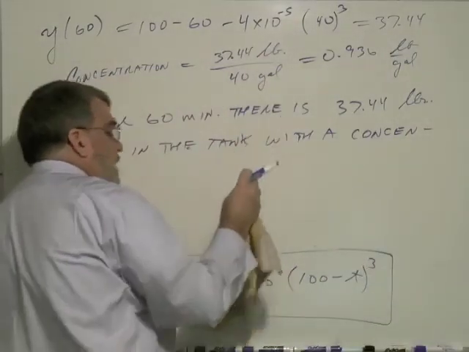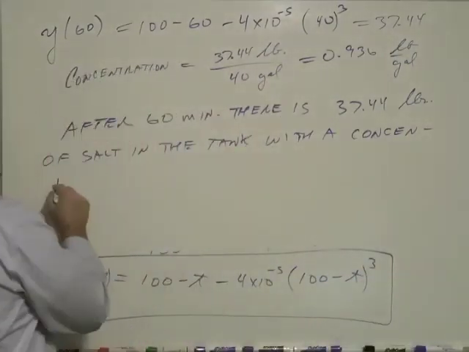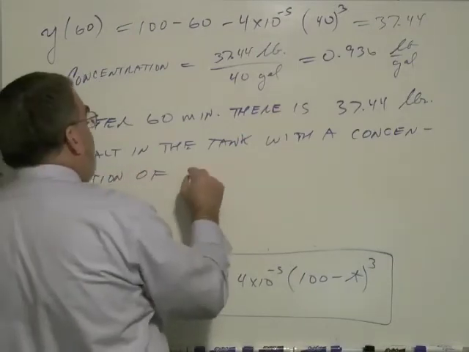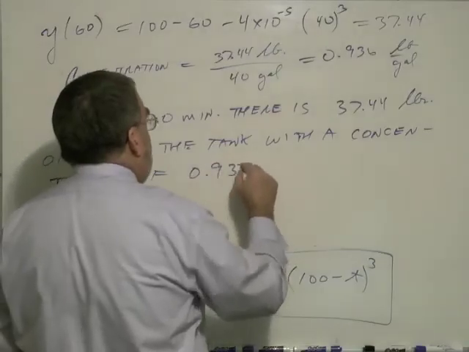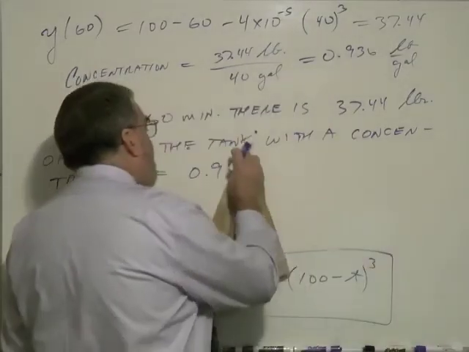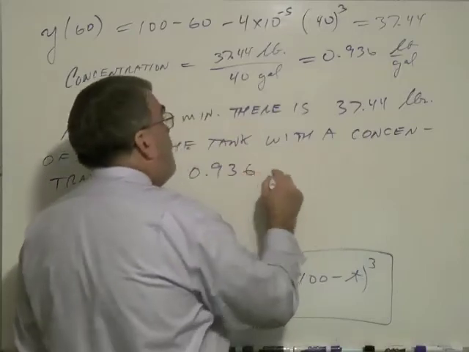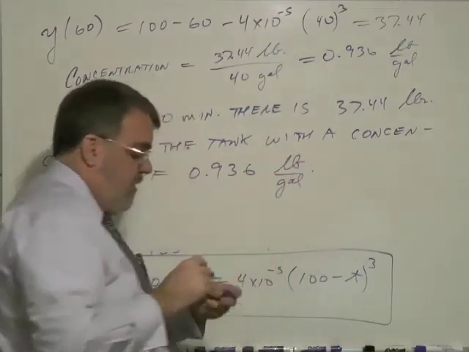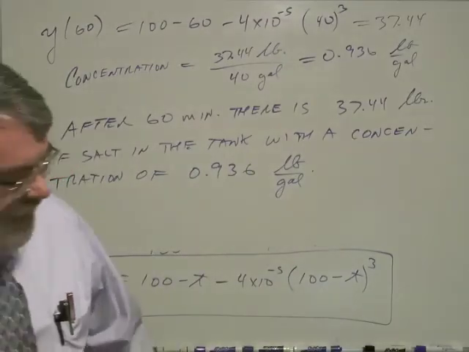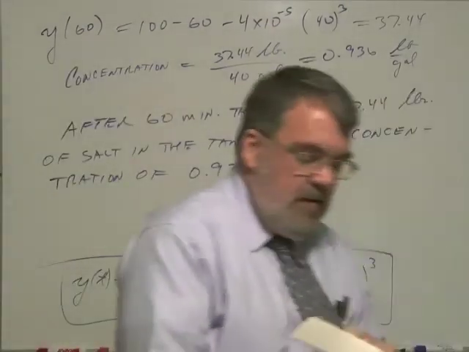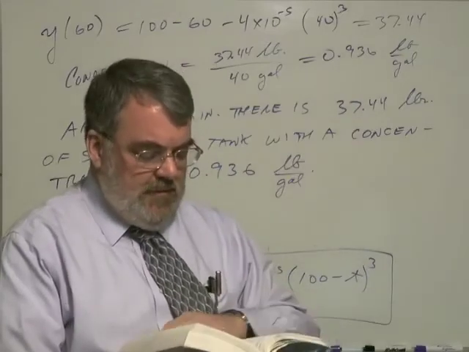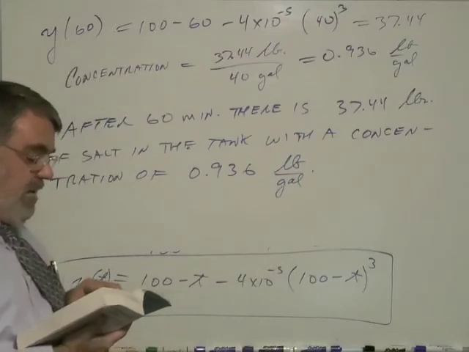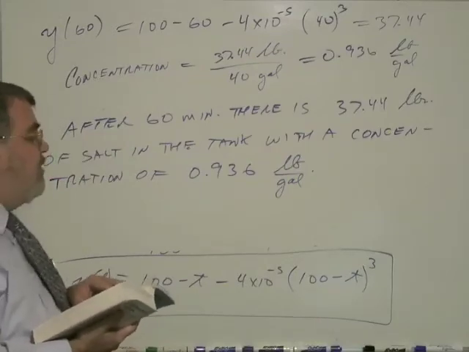I tend to write too many commas. With a concentration of 0.936 pounds per gallon. All right, so let's check the book. I think that's right too. I'm feeling pretty good about this one. Okay, 37.4 pounds and 0.94 pounds per gallon.